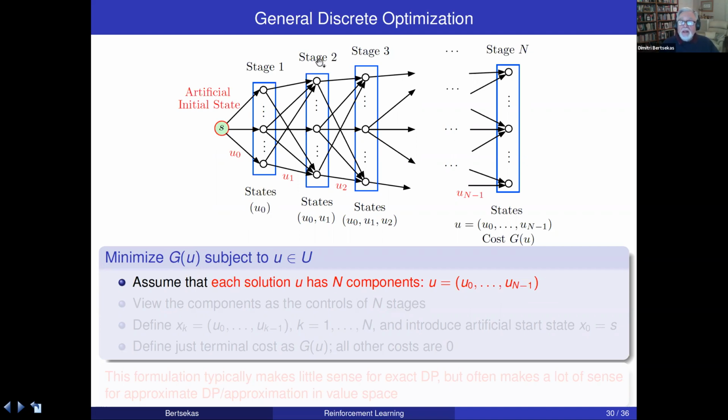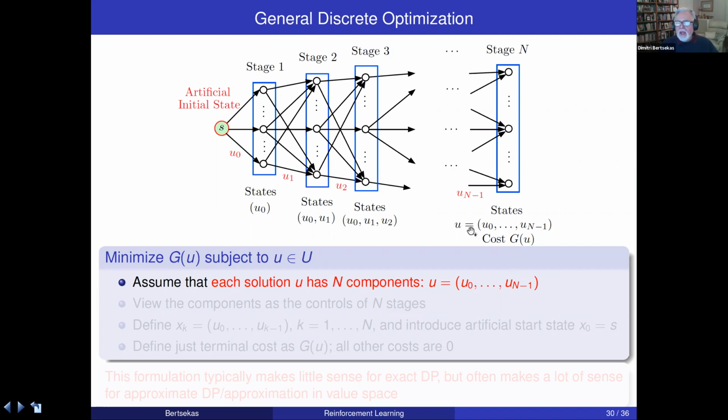The states at stage 2 are the pairs u0 and u1. And each one of those arcs corresponds to having chosen u0, what you choose as u1. Similarly, these are the states that correspond to the partial sequence u0, u1, u2, and so on, all the way to the end.